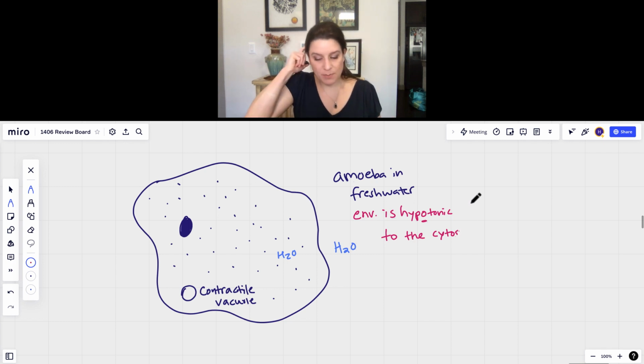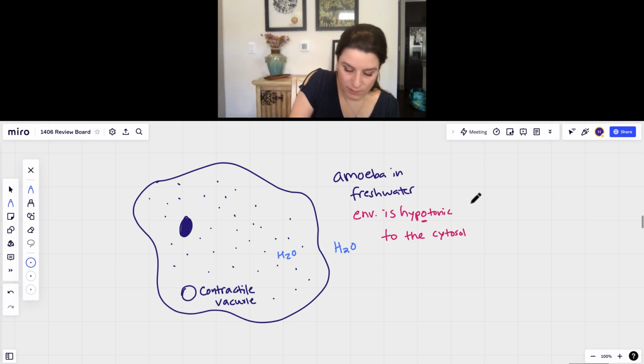So the environment is hypotonic to the cytosol, and we can also say that the cytosol, or the cell, is hypertonic, more solute concentration, to the environment, to the fresh water.